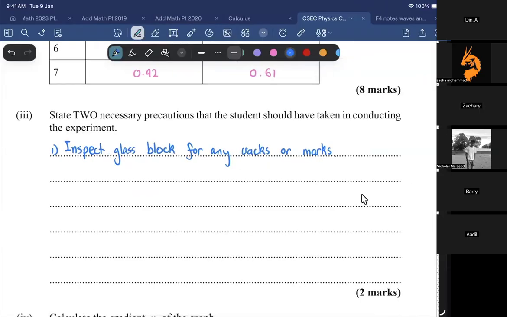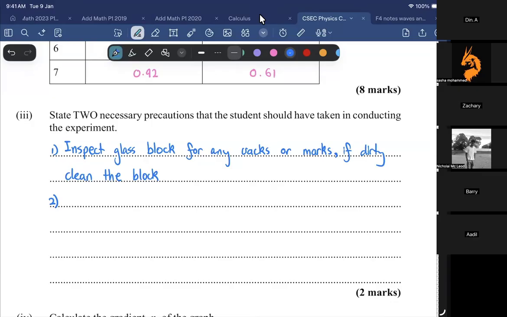If dirty, clean the block. Do you guys understand that if something is dirty, it could possibly affect the way in which light travels? Yes, sir. Okay, cool.